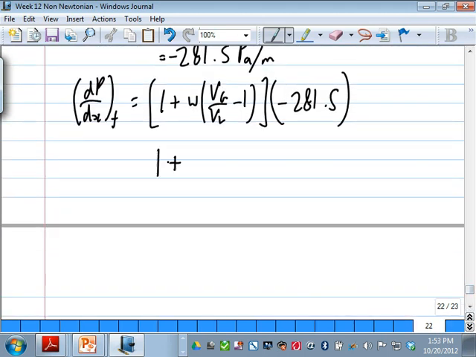W is what in this case? 0.004. v_L, this one would be 998 over 1.23, minus 1.